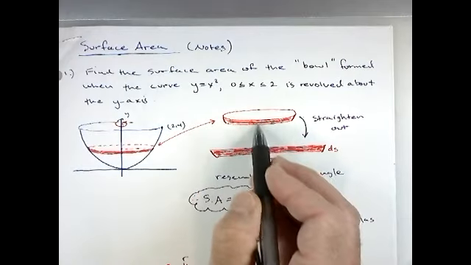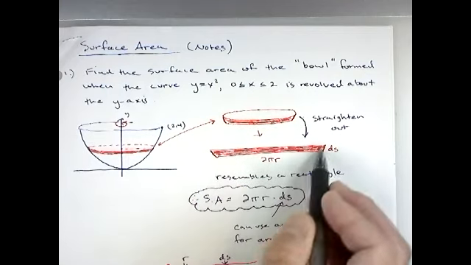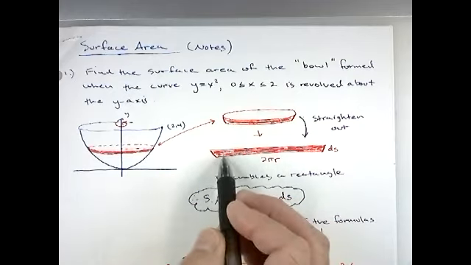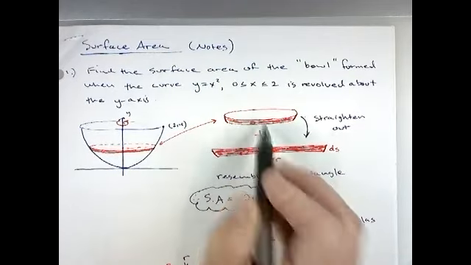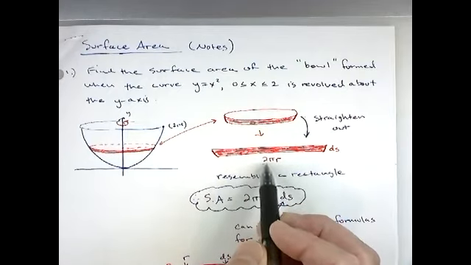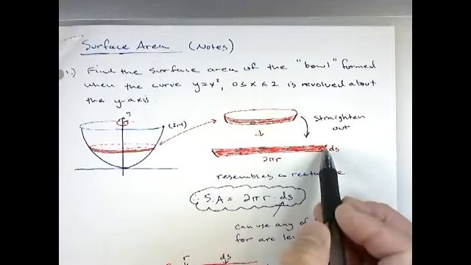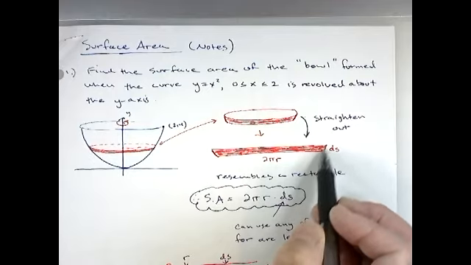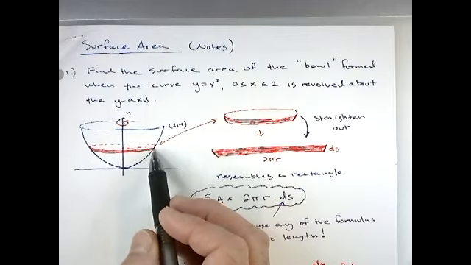Now, if you cut this little strip surrounding this disk and straighten it out, it is going to resemble a rectangle where the length of it is the circumference of the circular disk, and we know the circumference formula is 2 pi times the radius. But instead of using the height like we do with the disk method, since we're preserving the curvature, this length is a small piece of arc length, right?